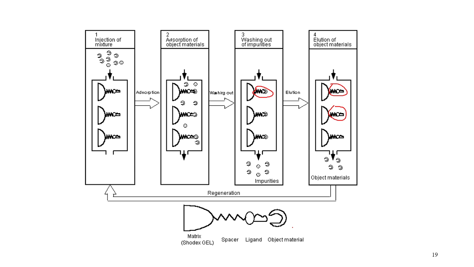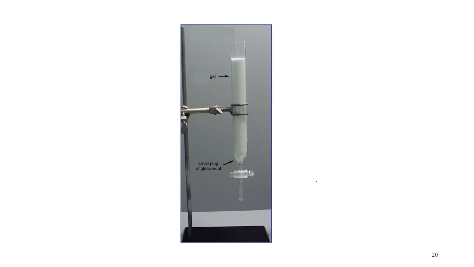First you inject your mixture, then adsorption takes place, and then you wash out the impurities because those won't be binding, and then you use your elution buffer to elute your object material, your protein of interest, or any macromolecule which you are trying to separate and purify. So this is affinity chromatography.